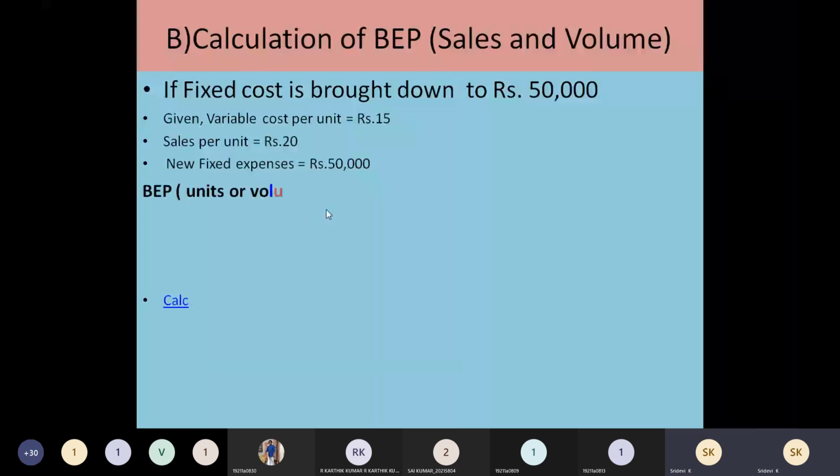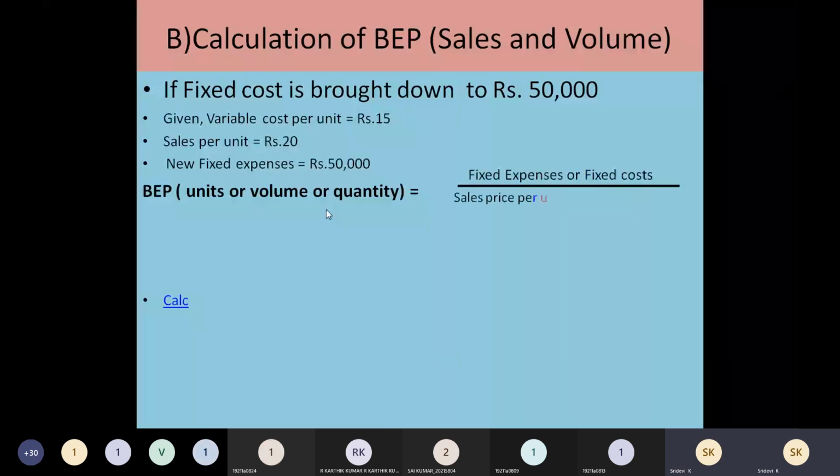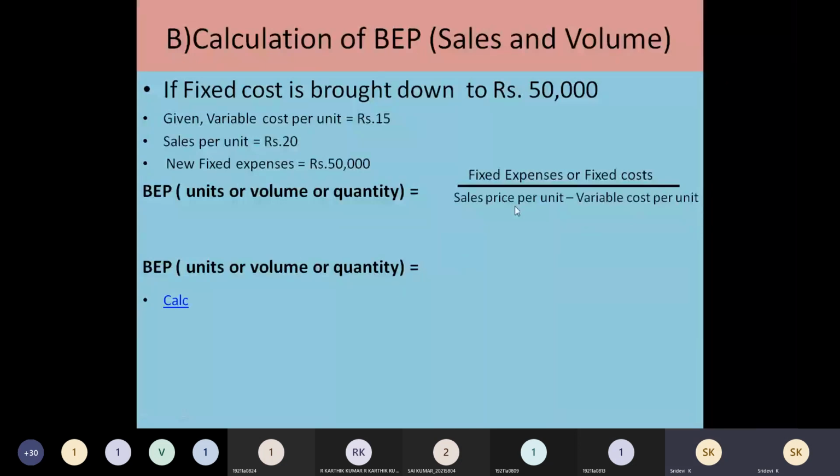So apply the same formulas. Break-even point in units is equal to fixed expenses divided by selling price per unit minus variable cost per unit. I'm not explaining how I have taken this again and again; in the previous slide we have discussed that. So now substitute directly. In the fixed expenses place, take 50,000, divided by 20 rupees minus 15 rupees.